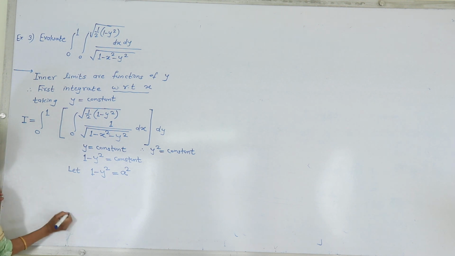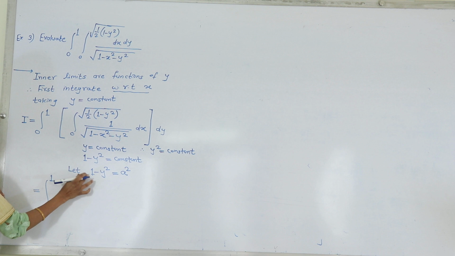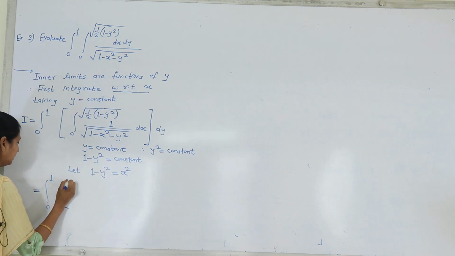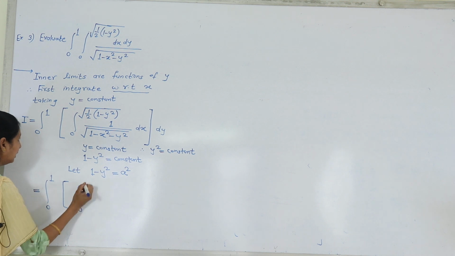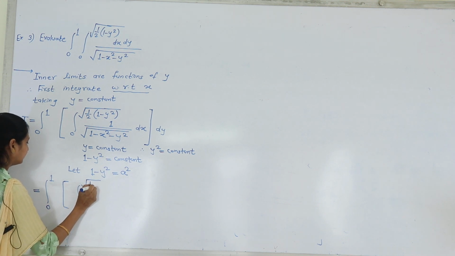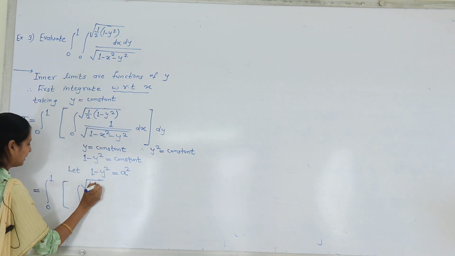This is not a substitution, we are just taking 1 minus y square as a square. Limit 0 to under root of 1/2. 1 minus y square term is a square.